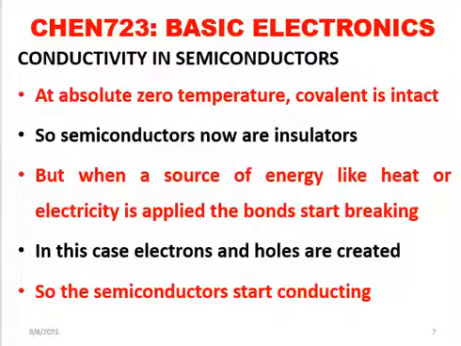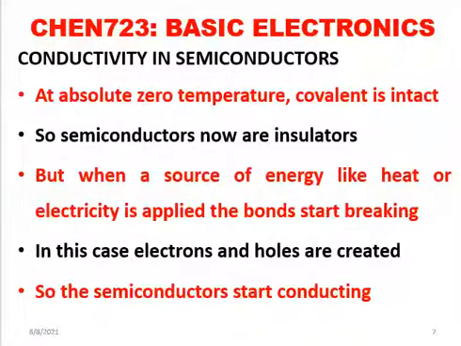In that case, all your covalent bonds are intact, and we don't have free mobile electrons, and therefore the semiconductor behaves as an insulator. But whenever a source of energy is applied to that semiconductor, it can be heat energy or electrical energy, that energy will be enough to break the bonds.